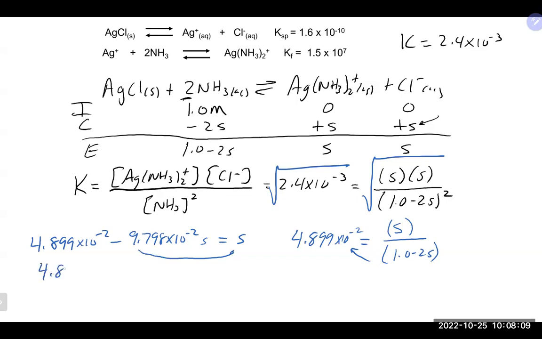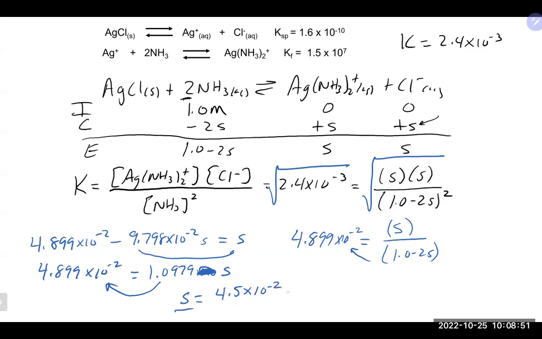That gives us 4.899 times 10 to the minus 2 is equal to 1.0979 S. That means we're going to divide back to this side, and that will finally give us 4.5 times 10 to the minus 2.